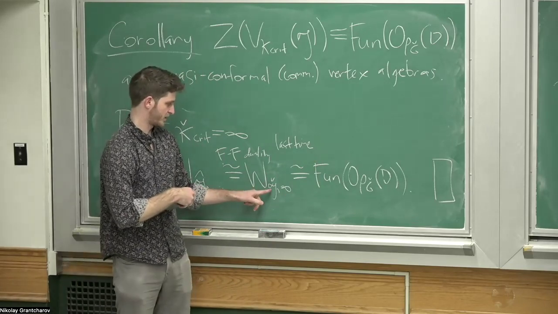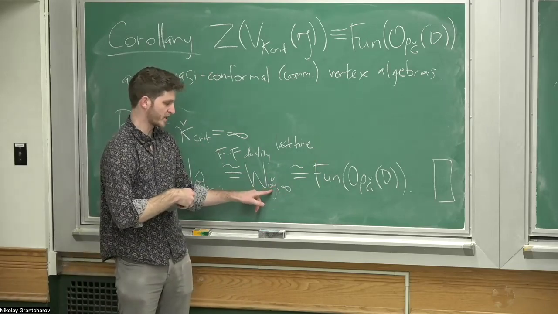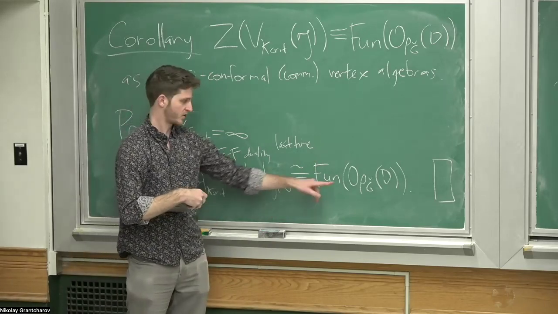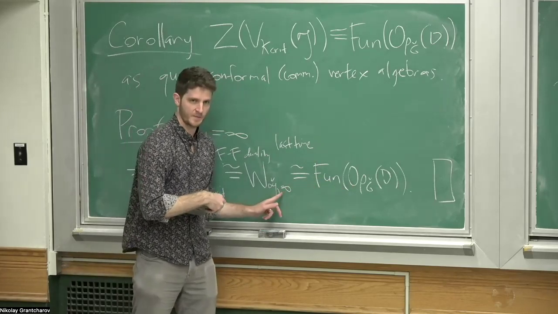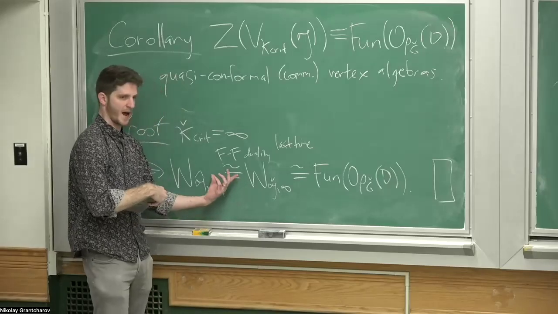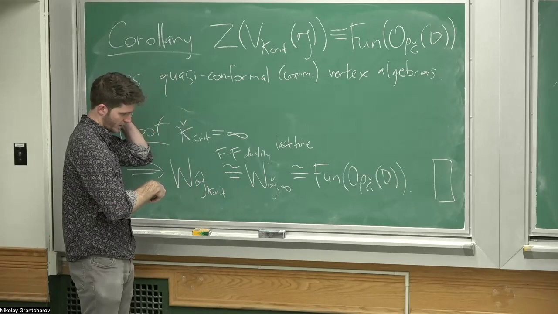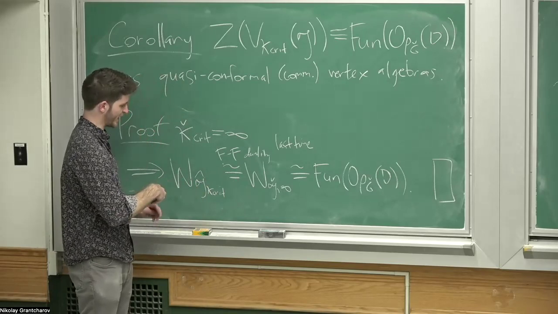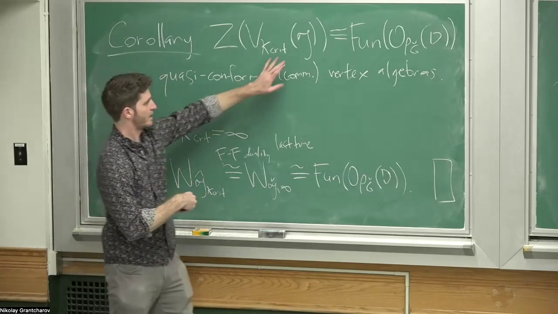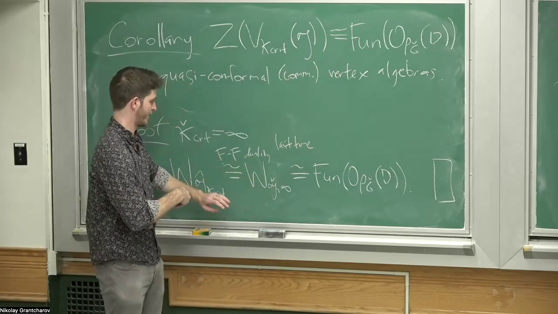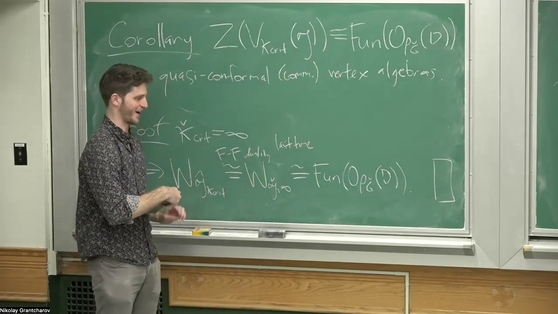Notice that this is the W algebra for G check at level infinity, so the group here is the same. And the Langlands duality happened in Feigin-Frenkel duality, as it should. So again, it's possible that this is really silly and you should instead first make this identification and then use that to prove this one, but okay.